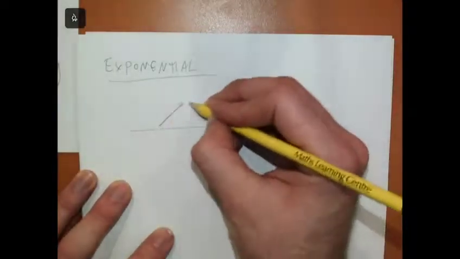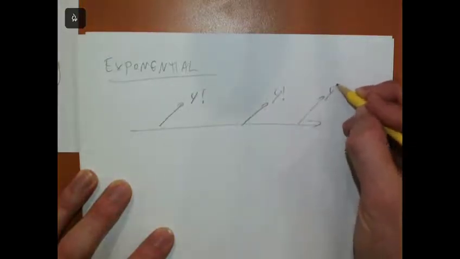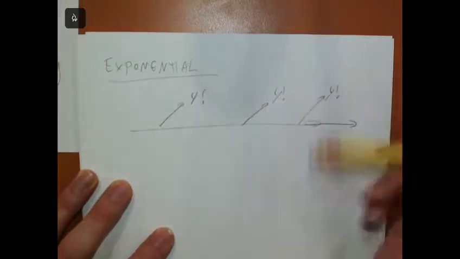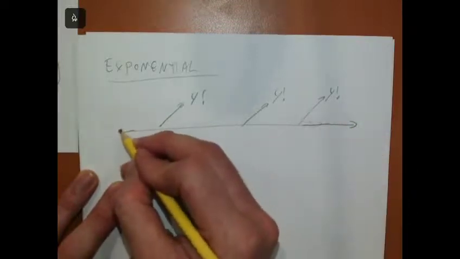Your exponential distribution is the same situation as a Poisson distribution, but you're measuring something different. So in the Poisson distribution, you've got a fixed amount of time, and this is the beginning here.